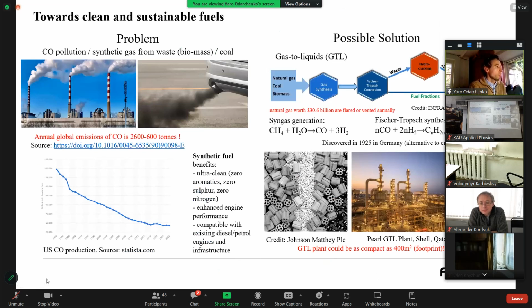So the problem is that we have CO pollution and also lots of waste, specifically biomass, and the idea is what to do with it, how to make use of it.